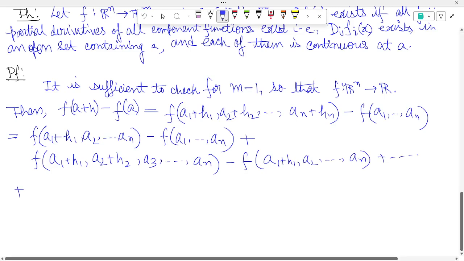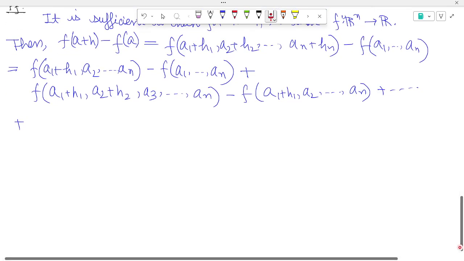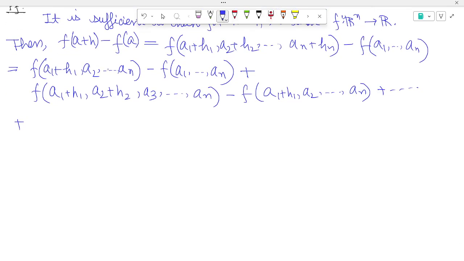You're understanding, right? These two will cross off. So inductively doing this, the last one will be, I think, this thing, the final one.